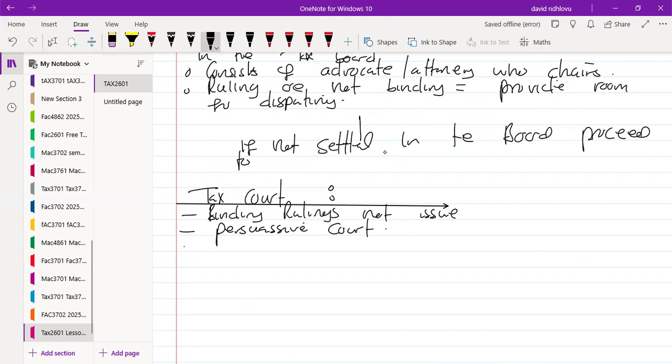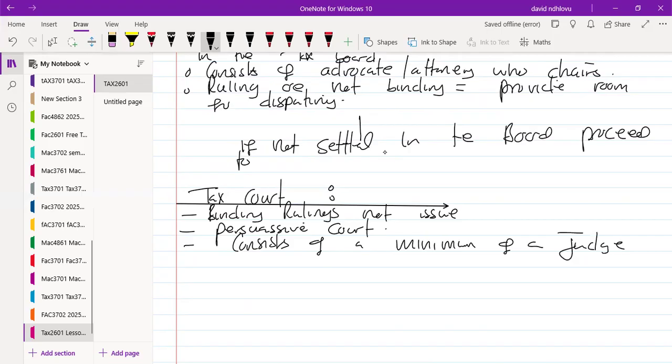Right. What is important here is that it consists of a minimum of a judge. So we're bringing in the big guys, but still we're not in a court of law per se. It's a tax court. It's a creature created by SARS, but it's not part of the courts of law of the country.